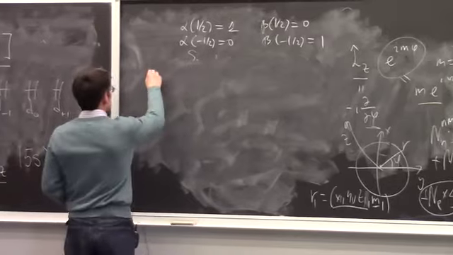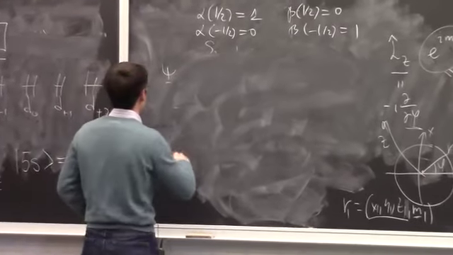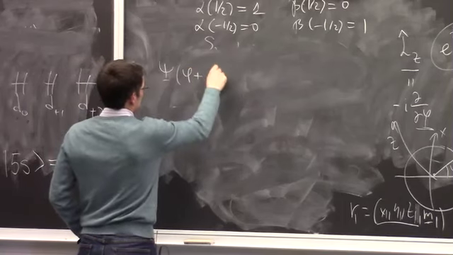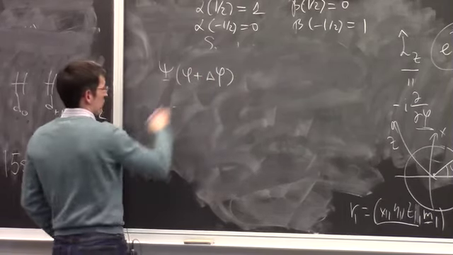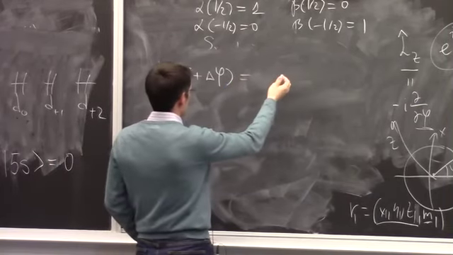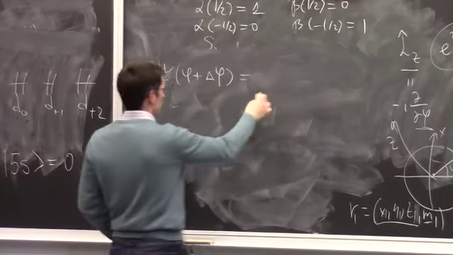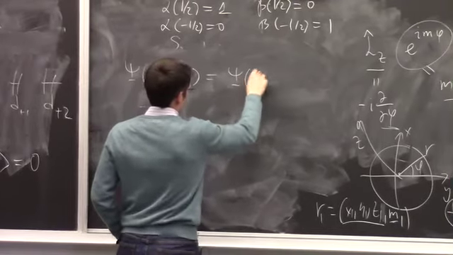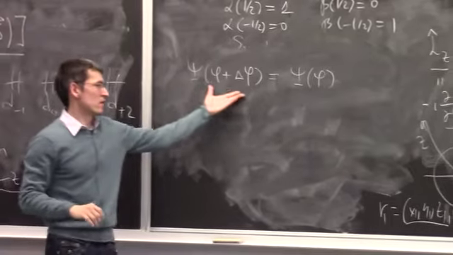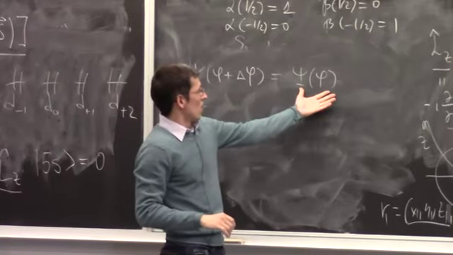Now the idea is very simple. If we take a function and rotate the coordinate system, we want to express the rotated function in terms of the old function, which was a function at the angle phi. How do we express this?